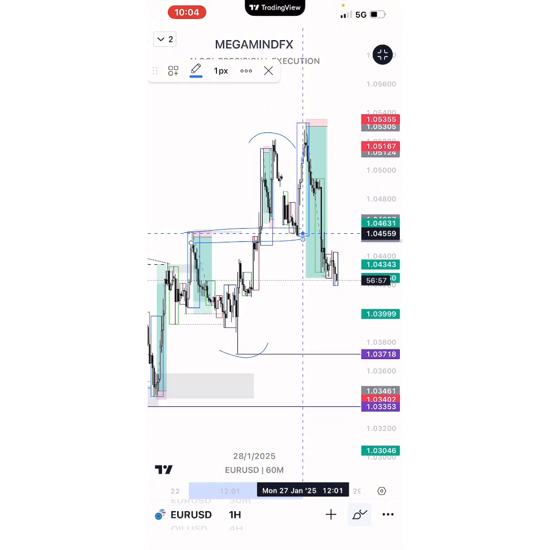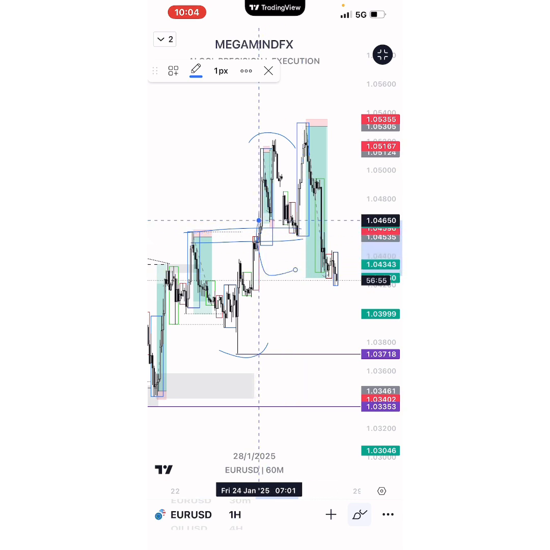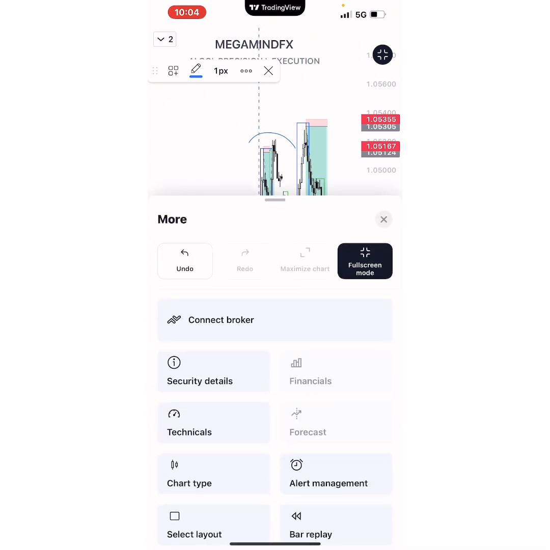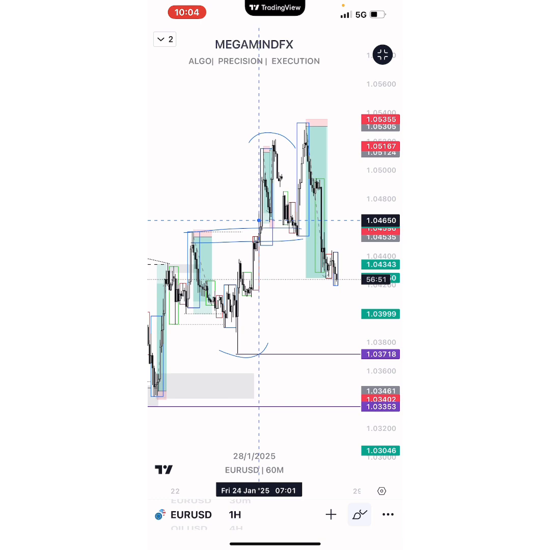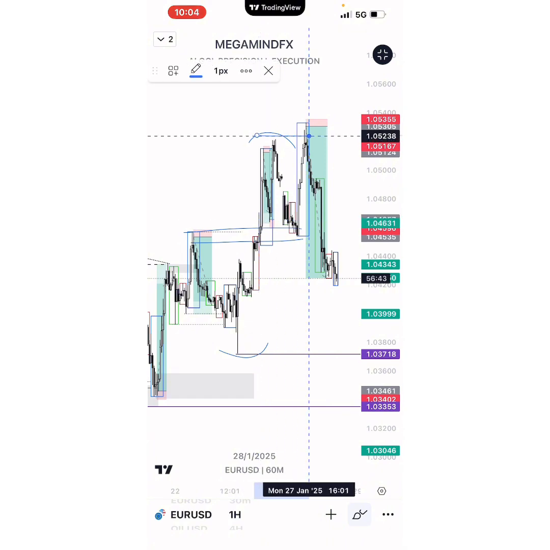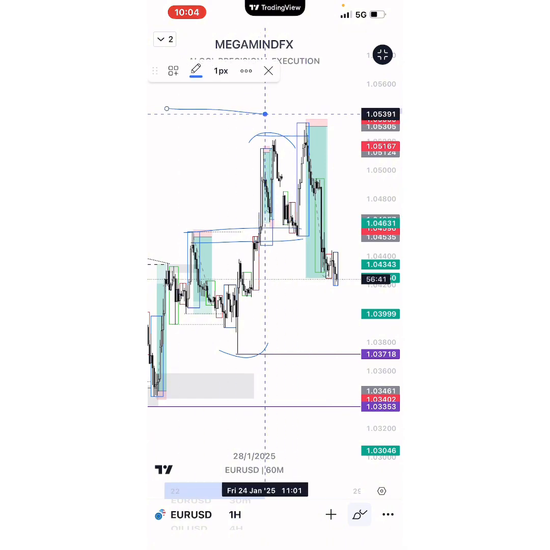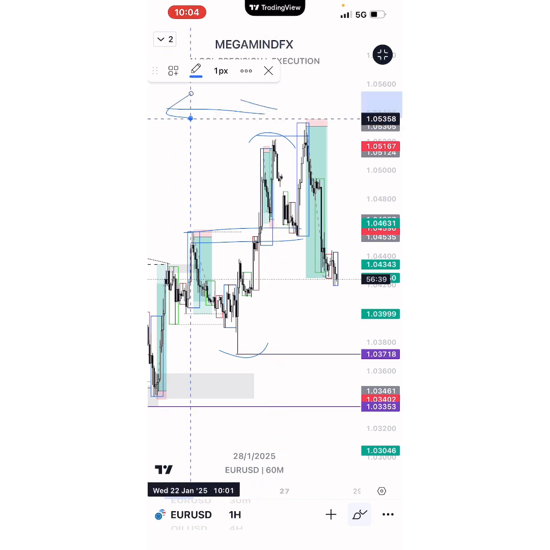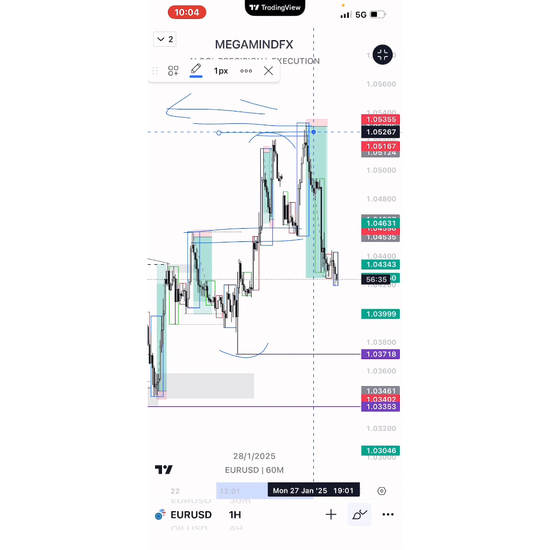So from this open we had price giving us a beautiful buy reaction for buy continuation. So price went on to take out the sell order flow, mitigated something on the left-hand side, and then we were able to get in on this massive sell.